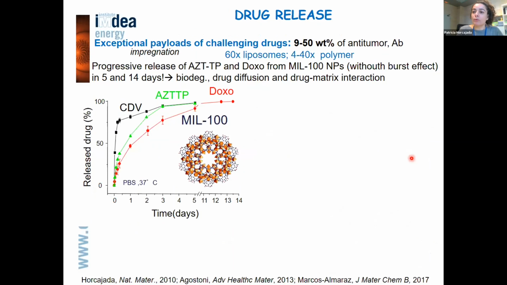Okay, once we have proven the lack of toxicity, we have encapsulated many different drugs by the impregnation method. So inside the porosity, we can target around 10 to 50 percent in weight of challenging drugs such as antitumoral, antibiotic, antiretroviral, and so on, in some cases exceeding the capacity of liposomes and polymers.